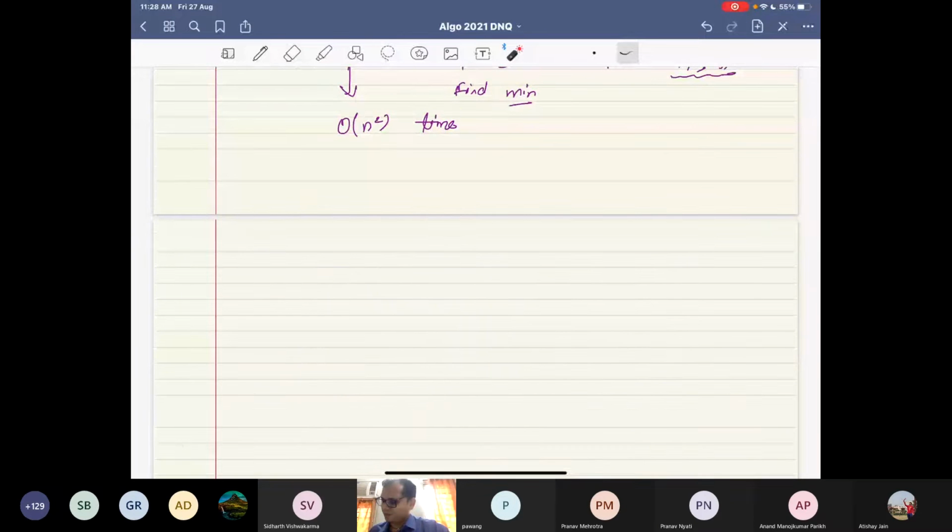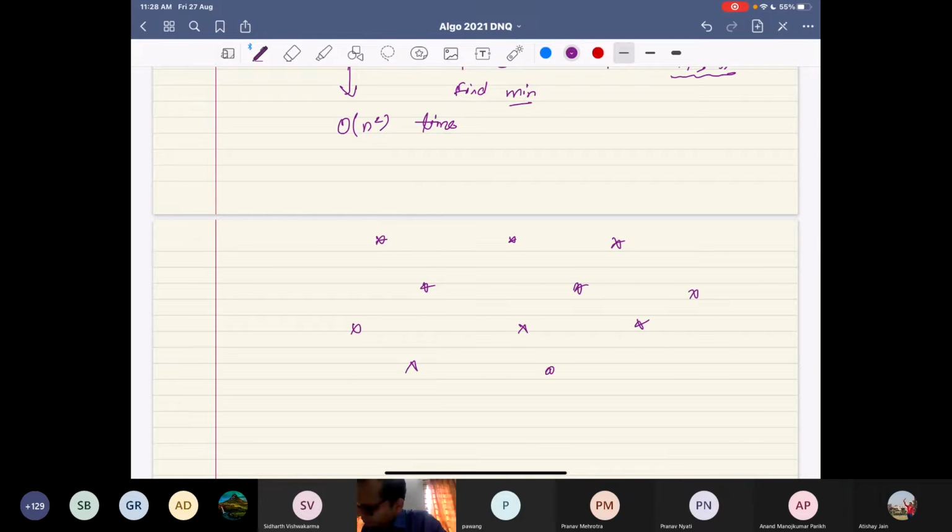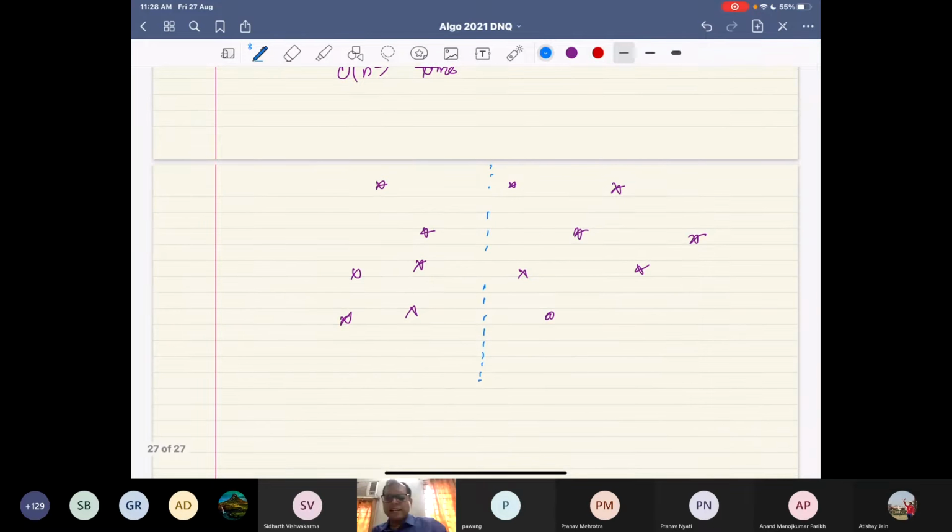So let me again put the plane. So you are saying we divide the plane into 2 parts. Let's say we divide like this. So we have a line that divides the plane such that on the left hand side, say this is Q and this is R, Q has roughly n by 2 points and R has roughly n by 2 points. So Q and R have n by 2 points each.